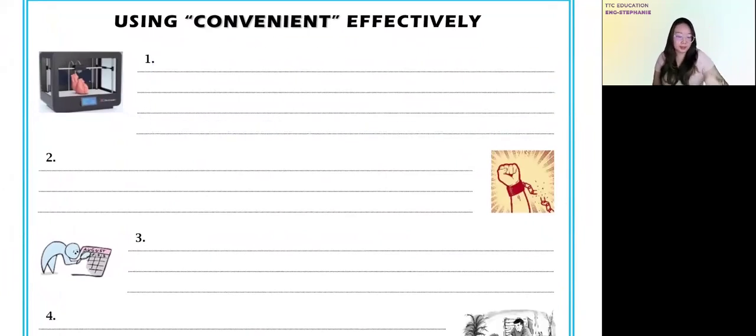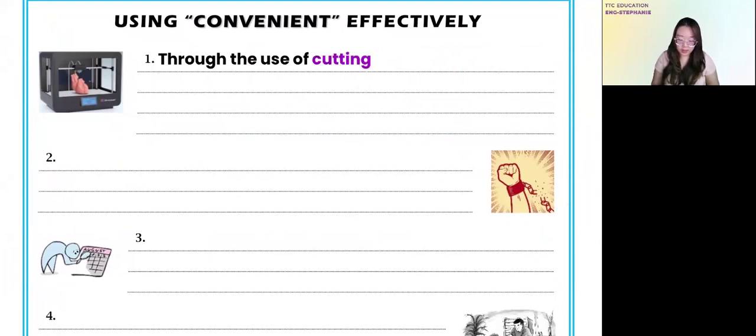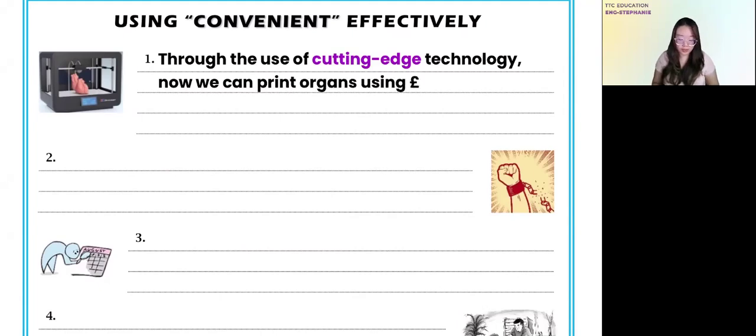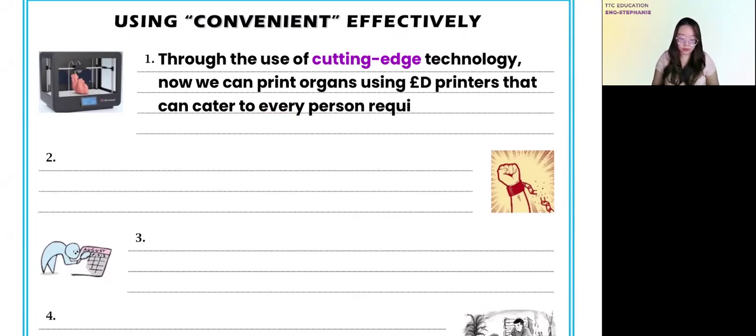Okay, if you want to talk about the cutting edge, your sentence could be, all right, write it down: through the use of cutting edge technology, now we can print organs using 3D printers that can cater to every person requiring an organ transplant.